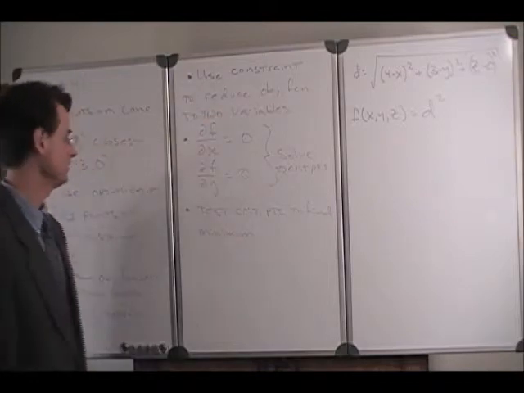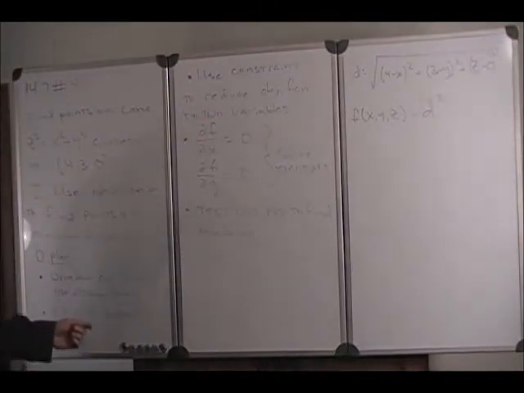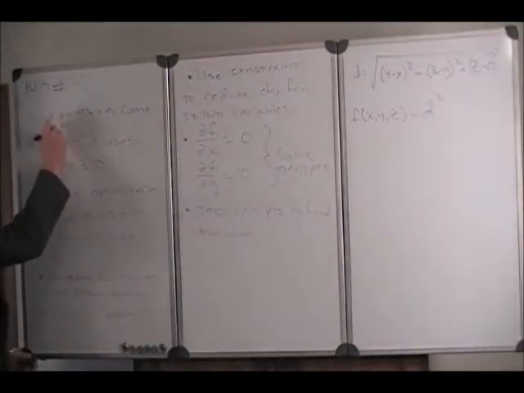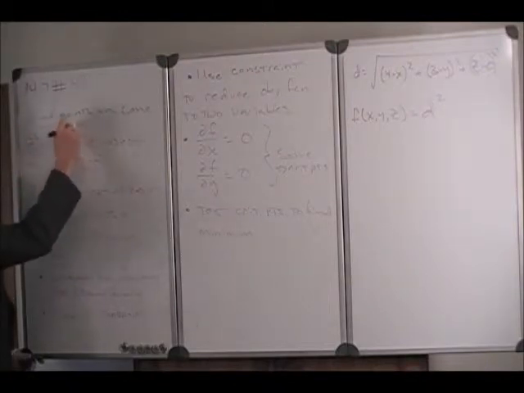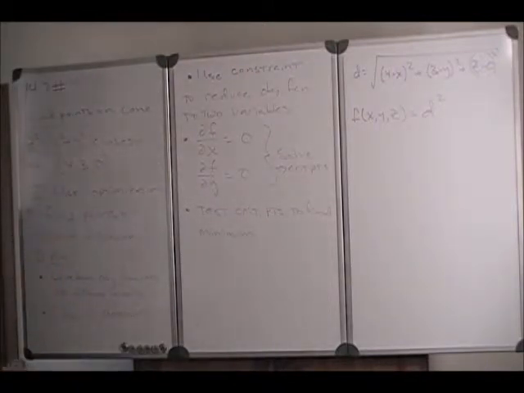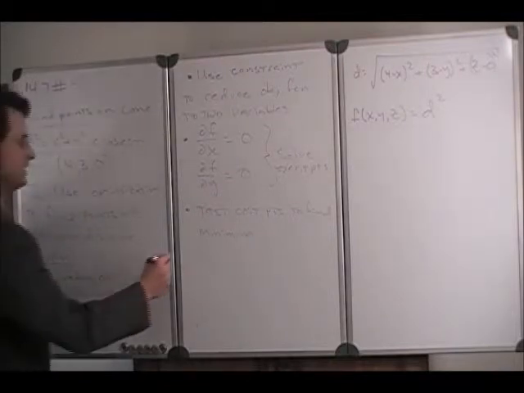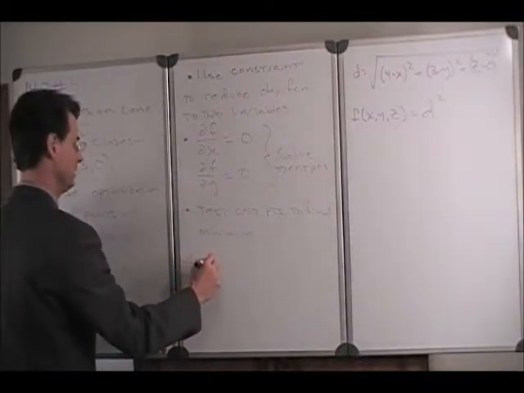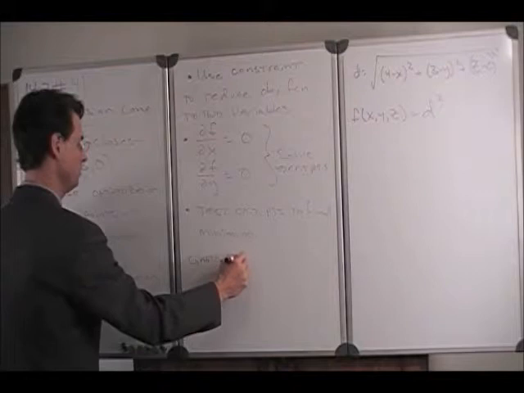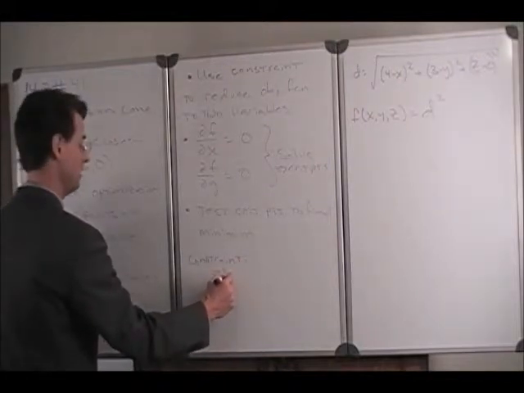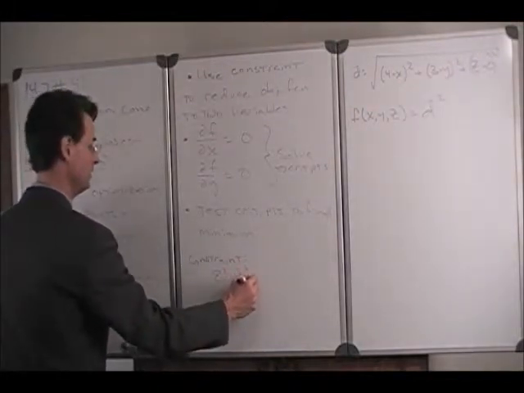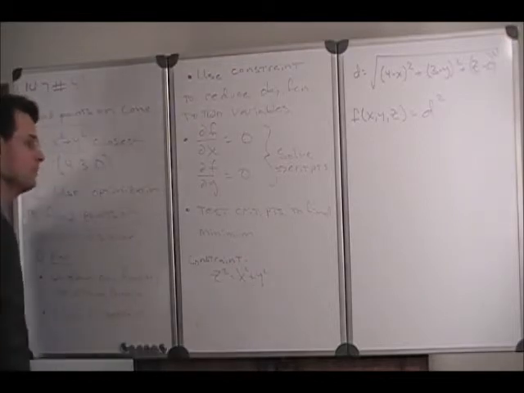Use the constraint. Well, first we need to identify the constraint, and the constraint is that whatever point we come up with, it has to be on the cone. So the constraint is the equation of the cone, namely z squared is equal to x squared plus y squared.